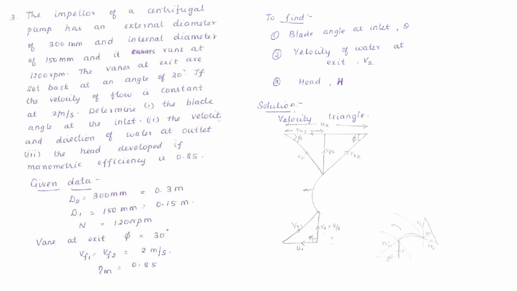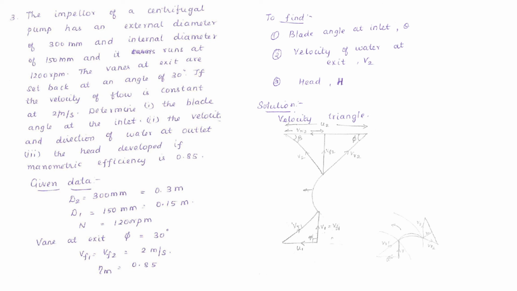In Francis turbine, it will be all 2, but in the case of centrifugal pump, you have to write it as 1. In Francis turbine, radial discharge will be at the outlet, but in the case of centrifugal pump, radial discharge at the inlet. Clear? So, you have to draw the velocity triangle.